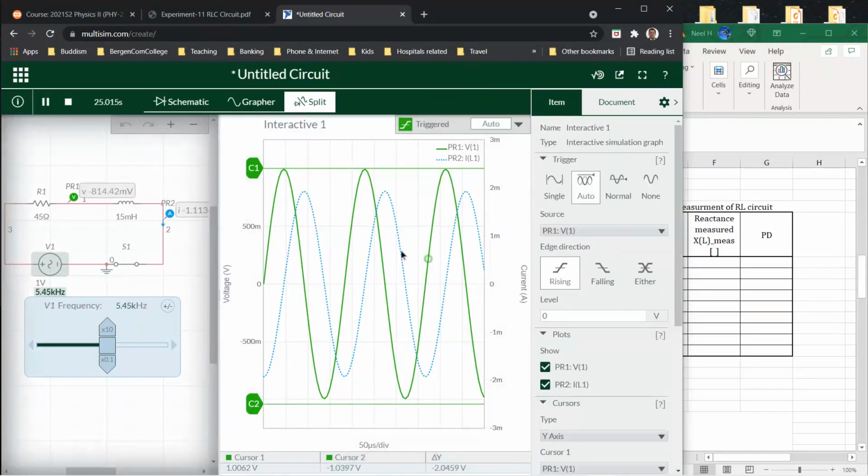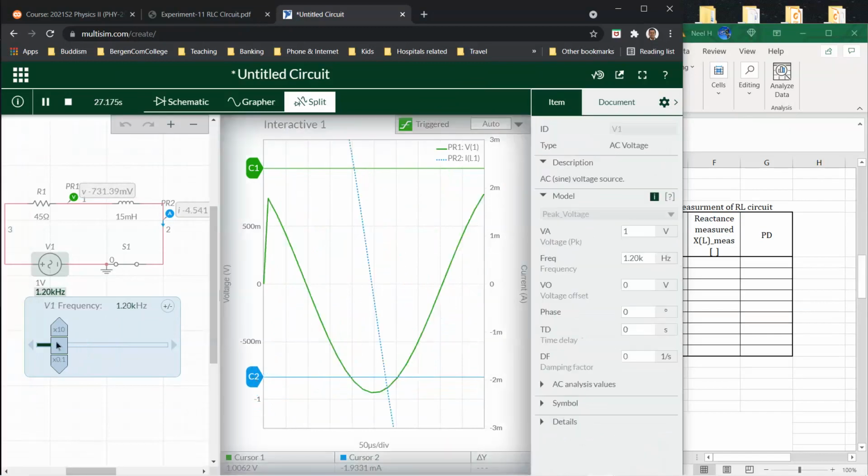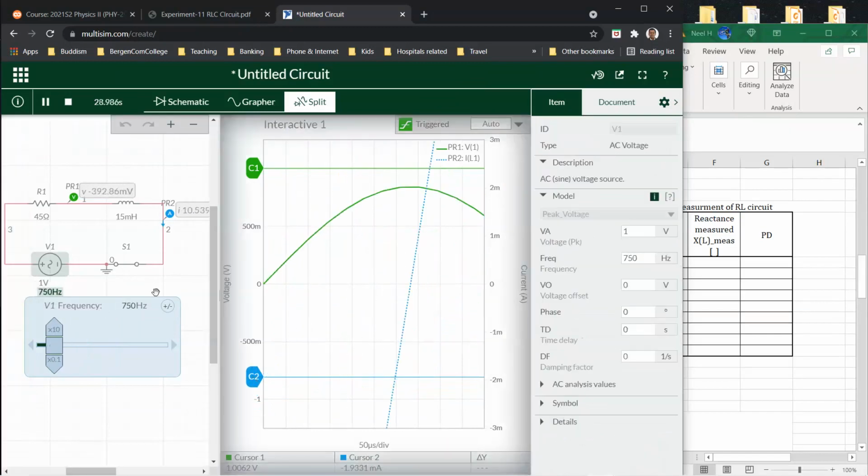All right, so let's measure again the same way. I think I can change cursor number 2 to the current and place it somewhere here. We'll start at a low value, how about 500?